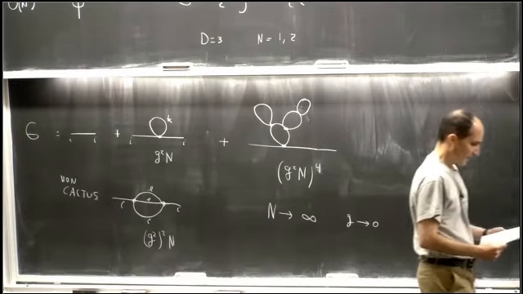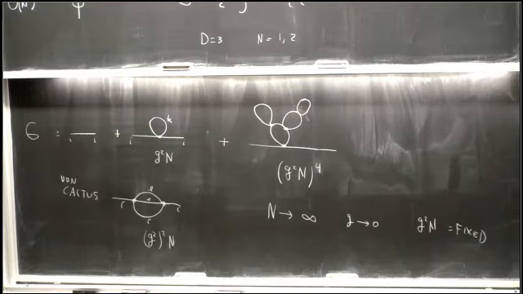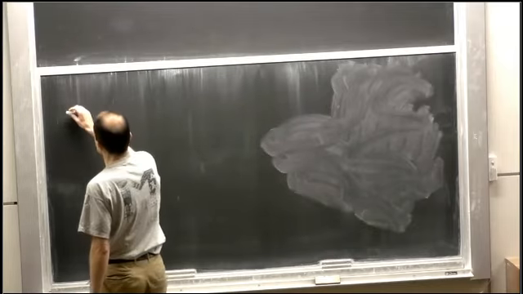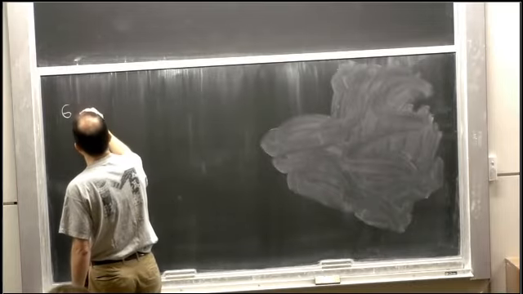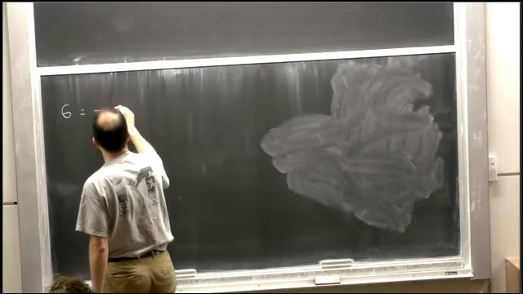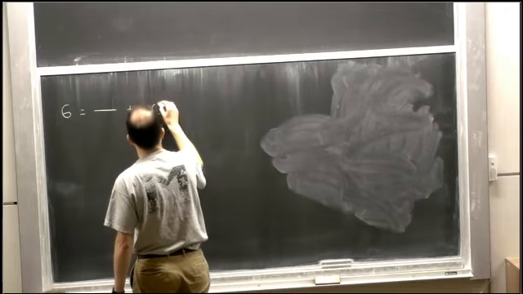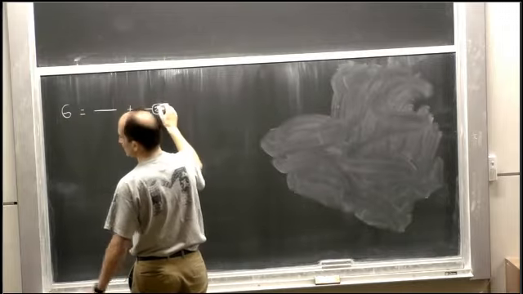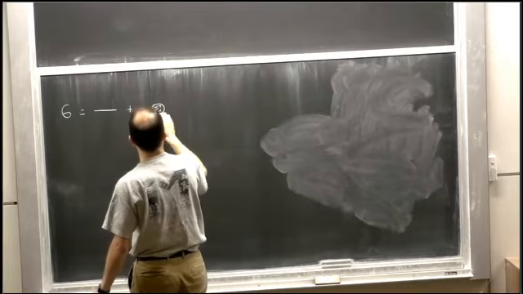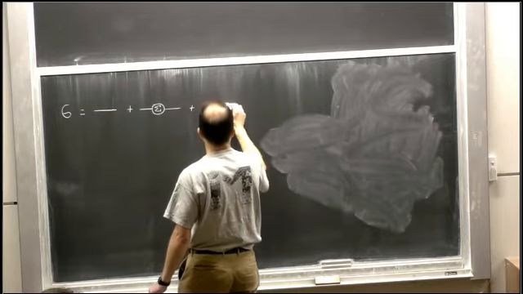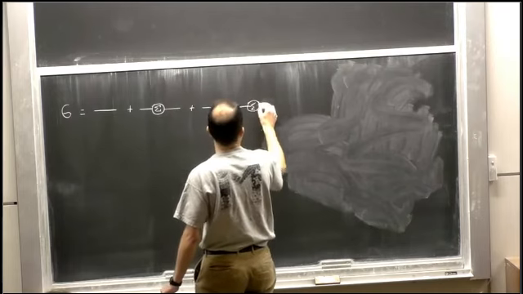Now, in these cases, when the diagrams are relatively simple, we can sum them all. We can sum the diagrams by writing down some equations. You can write an equation for G as a sum of just a line with nothing, and then a line with some cactus which cannot be broken into a single line. These are called the one-particle irreducible diagrams, and then you can have this and so on.